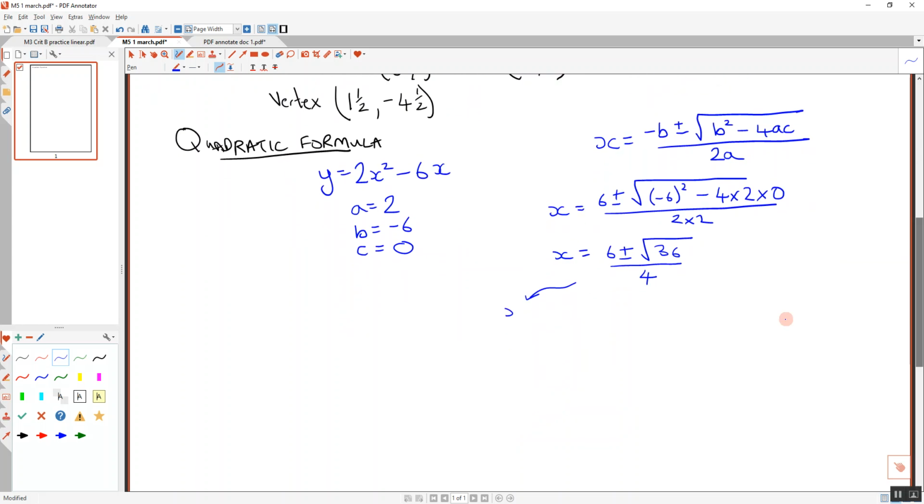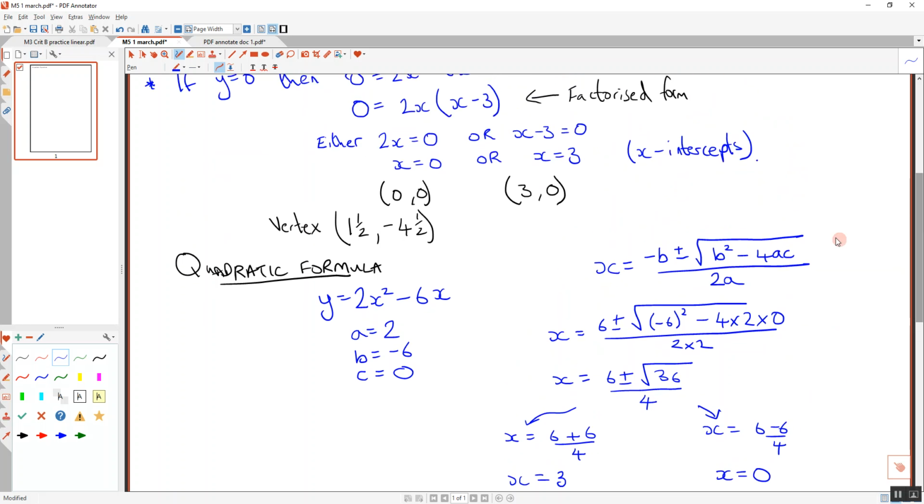You okay, Samara? Yeah. So I've got 6 plus 6 over 4. I've also got x is equal to 6 minus 6 over 4. So this gives me 12 over 4, which is 3, and x is equal to 0, which is what I would expect.